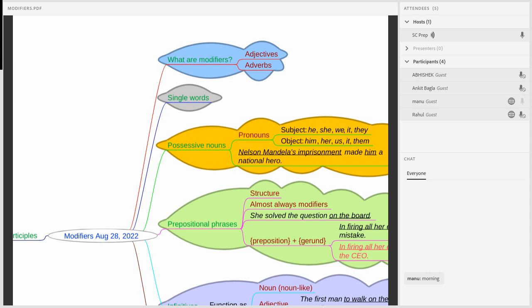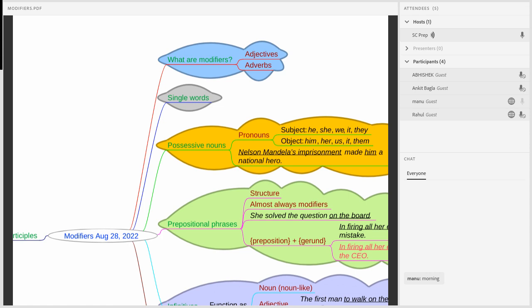Now, what are modifiers? Modifiers are adjectives and adverbs. That's it. Exactly two things. The entire set of modifiers consists of adjectives and adverbs, and all adjectives and adverbs are modifiers. That's relatively easy to understand, but just to make sure that everybody is on the same page, let's quickly review what adjectives and adverbs are.